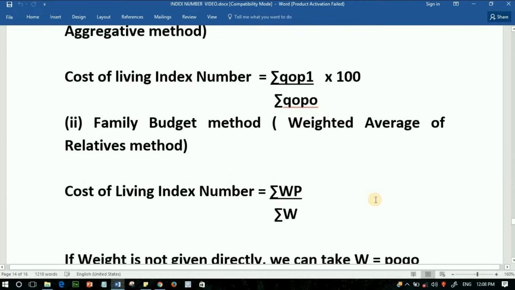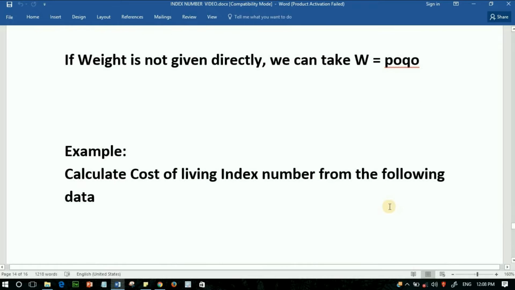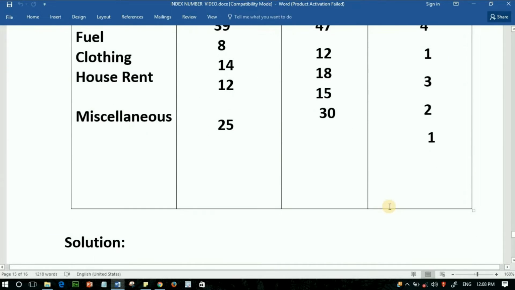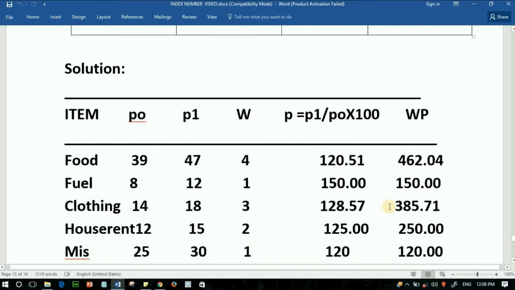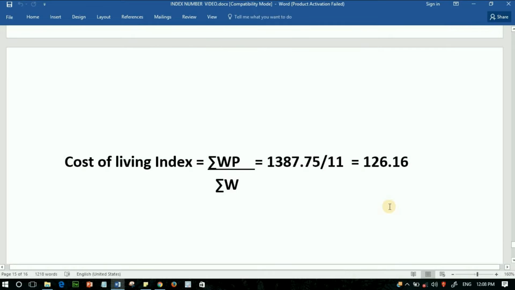If weight is given, we have to apply the formula Σ WP by Σ W, and P is equal to P1 by P0 into 100. If weight is not given directly, we can take W equal to P0 into Q0. So with a simple example, we can easily find Σ WP and Σ W. Dividing, we get the answer as 126.16. Thank you.